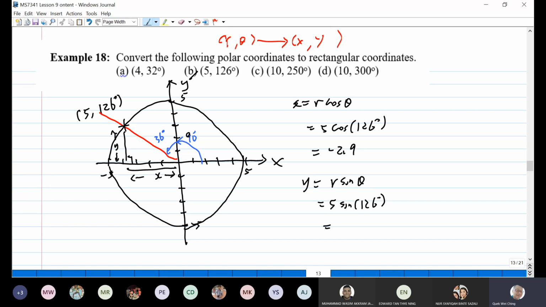You get 4.04, okay, 4. So you get a point x and y from here. So this is part B.